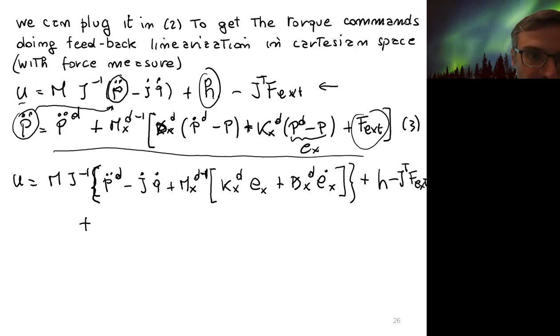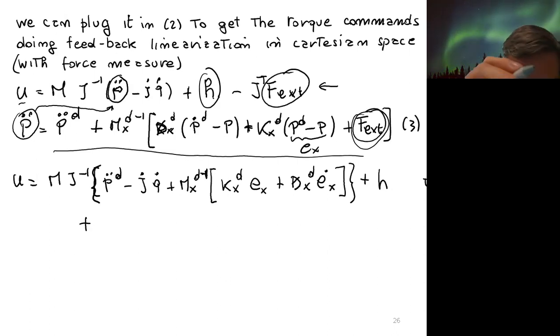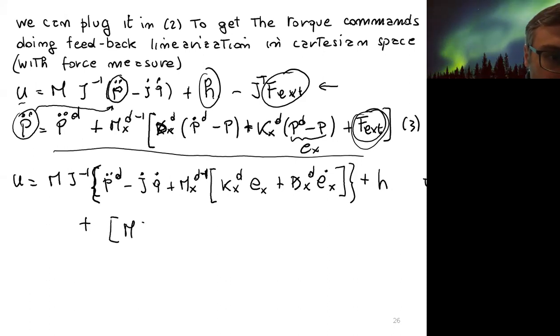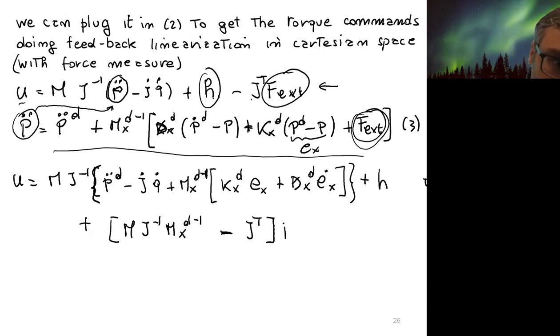So it will be mj minus 1 mxt minus 1 effects. I can collect effects in both cases from the two inputs. I see that I have effects here and effects here, so I can collect them, and I have j minus 1 mxd minus 1 minus j transpose fx.